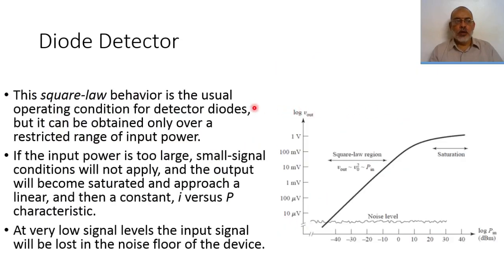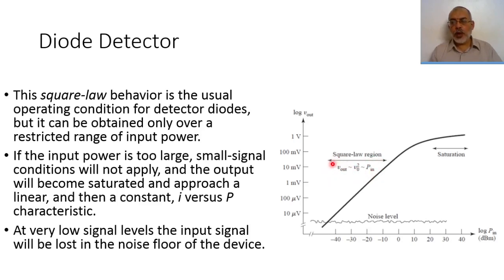So we are using what is called the square law behavior of the diode. In the square law behavior, the DC output, or the output modulated signal, is proportional to the square of the input small signal, which is actually proportional to the input power of the small signal.